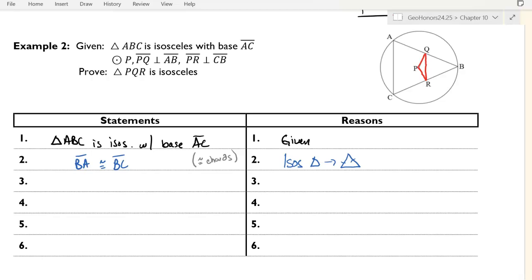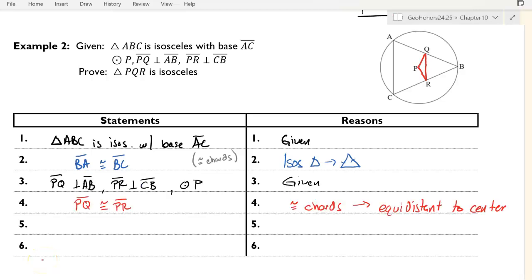Next, my other three givens give me the information to conclude that segment PQ must be congruent to segment PR. The fact that they're perpendicular tells me that they are the same distance from the center P. I know P is the center because it's named circle P. So I need all three of these to be able to make that last conclusion here.